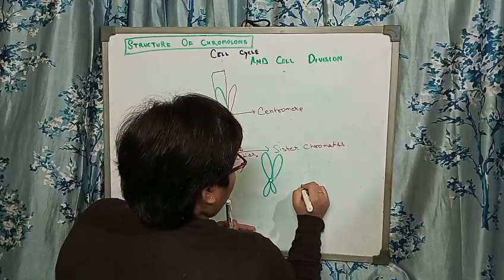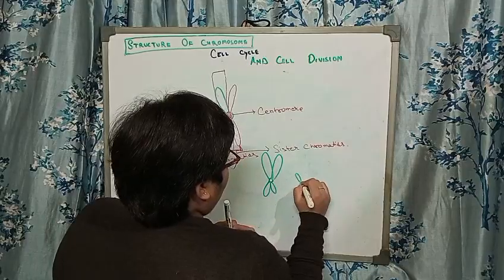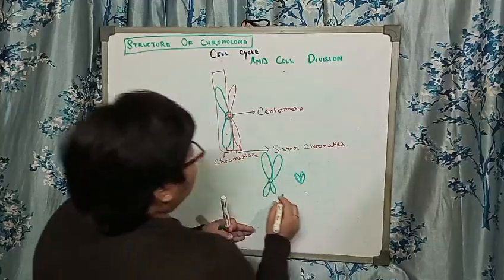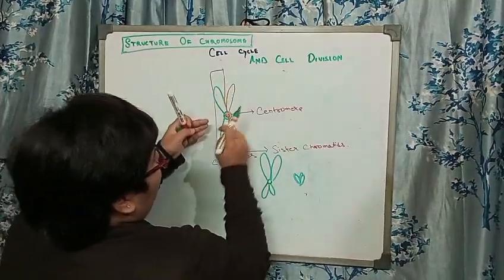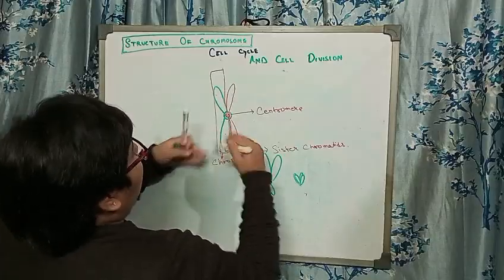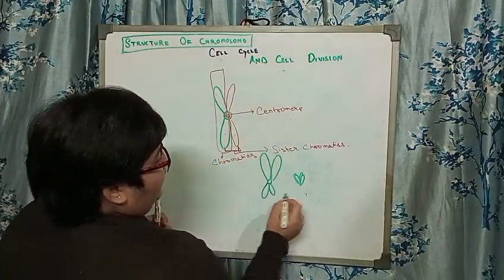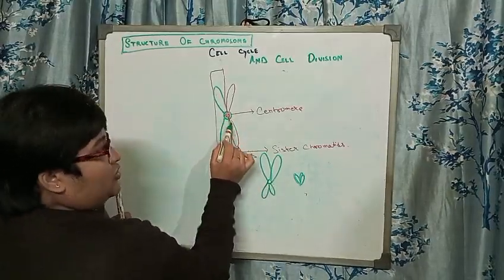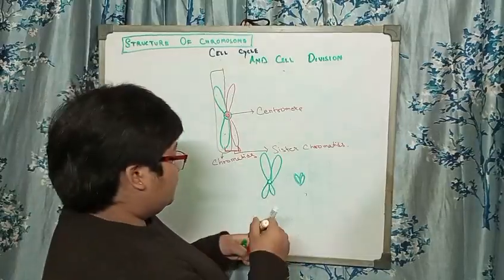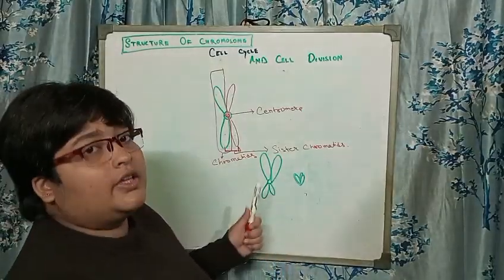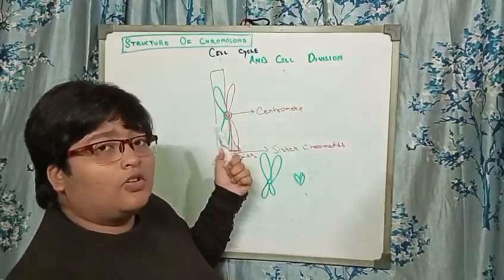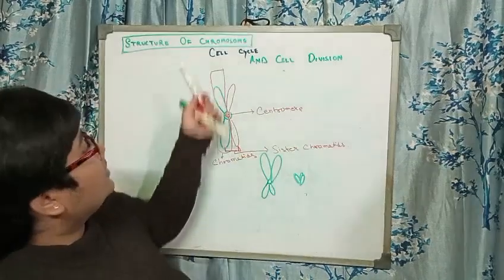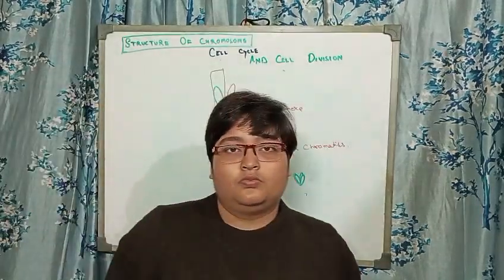It might be present such that both the sister chromatid pairs are present on only one side. Fine. That means that the position of the centromere might vary. It depends on the type of chromosome. That is all about the structure of chromosome.